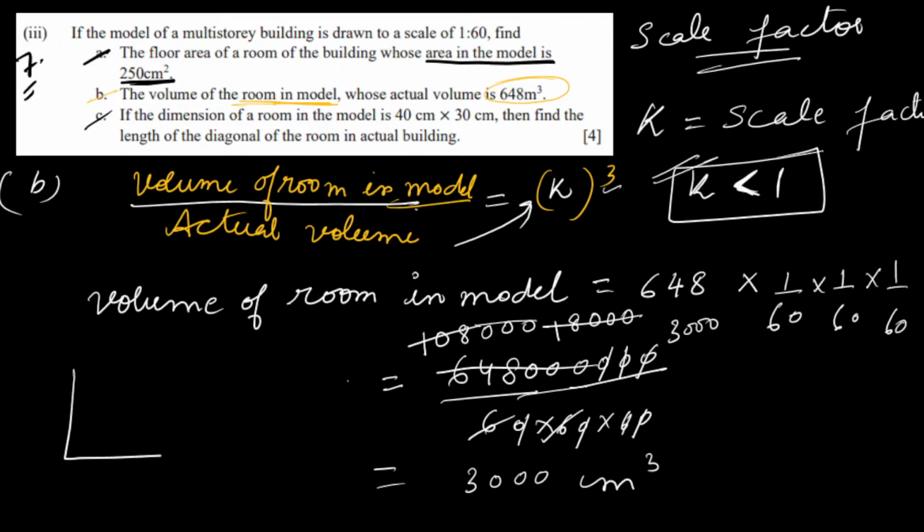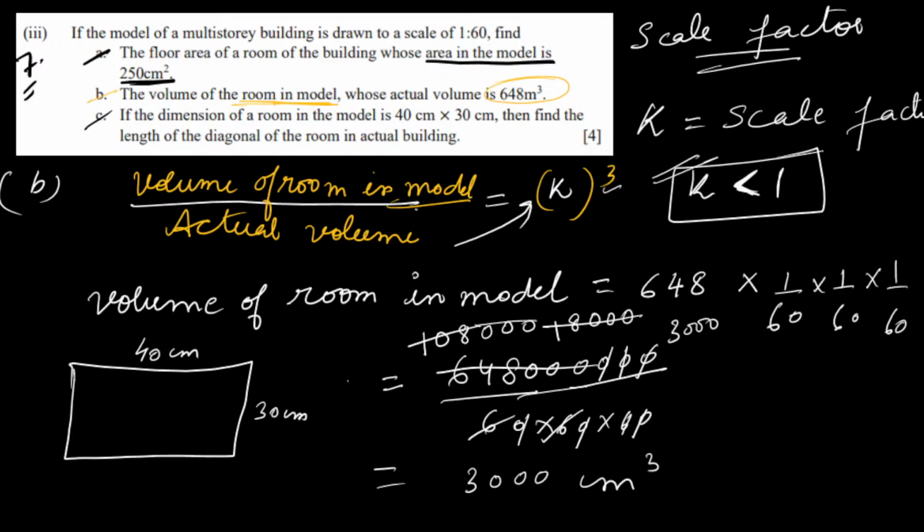So there is one room. Actually, they have mentioned this room as rectangular because only length and breadth is given to us: 40 centimeter and 30 centimeter in the model.